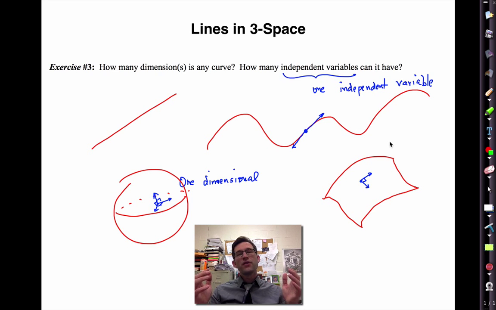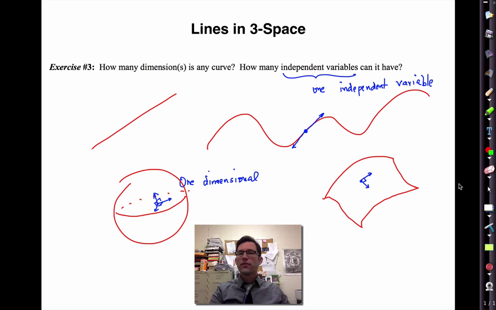But if you can only move in one direction, then there's got to be one independent variable that kind of controls which direction you go in. On the other hand, if you've got an x and a y as inputs, as independent variables, well then you can go sort of north-south or east-west, and that generates a surface that has area.